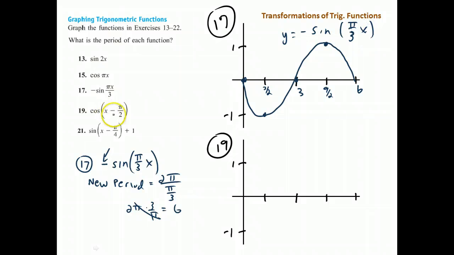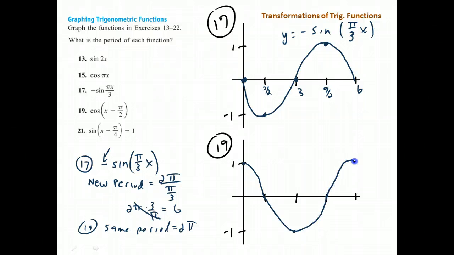In 19 we have a shift. In 19 to be the same period, since b is 1. So it's still period 2 pi, but let me draw in cosine first. So here's cosine. And now we want to take that and shift that pi over 2 units.